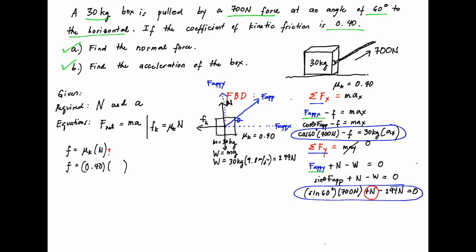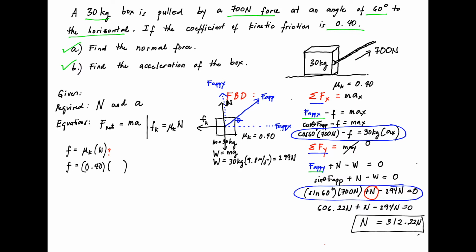Sine 60 times 700 Newtons is equivalent to 606.22 Newtons, plus the normal force minus 294 Newtons equals 0. Therefore, solving for that, the normal force is equivalent to 312.22 Newtons.